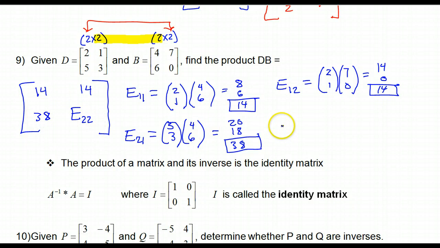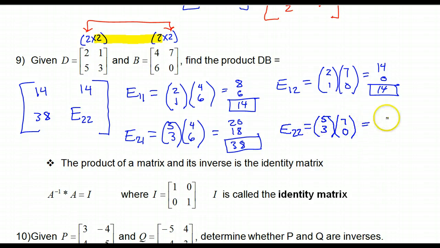Alright, last one. I'm going to find element 2, 2. That means I need row 2 and column 2. Row 2 is 5, 3. Column 2 is 7, 0. So that's going to be 35 and 0, which is 35. So that last element there is, in fact, 35.